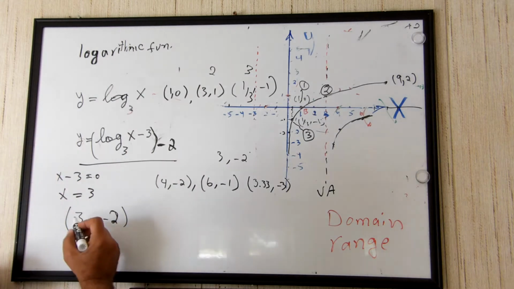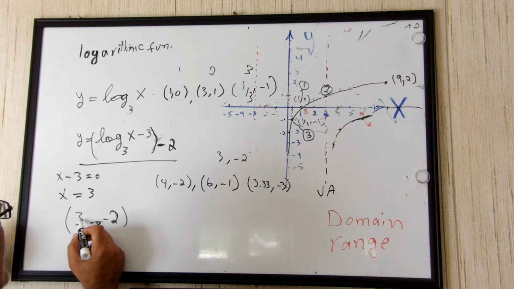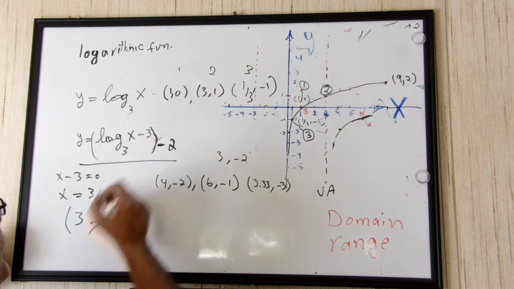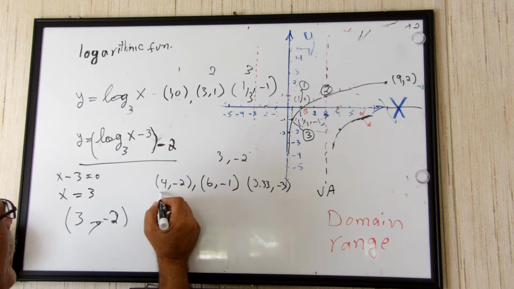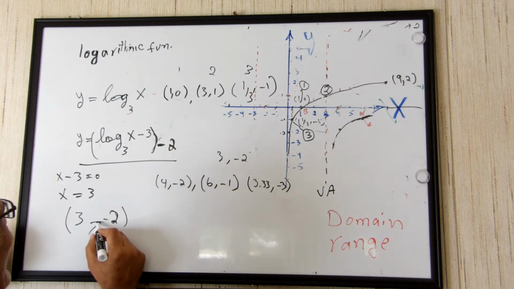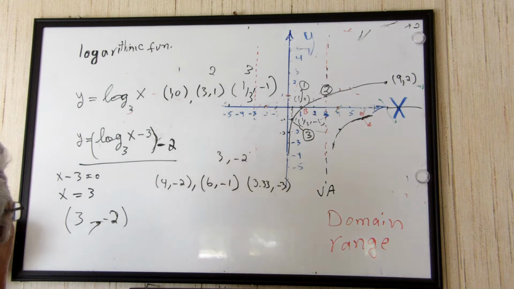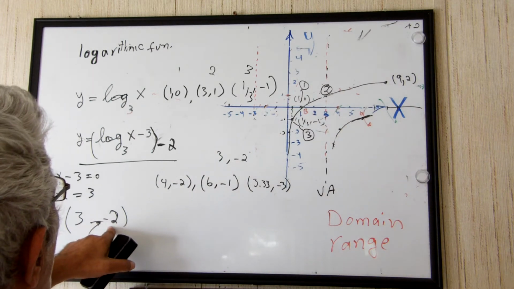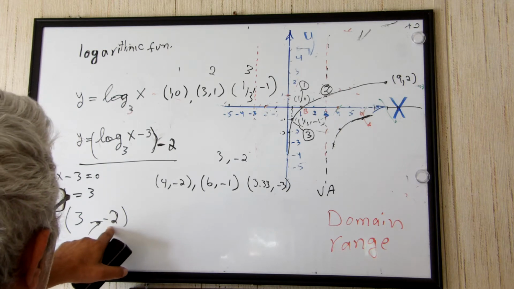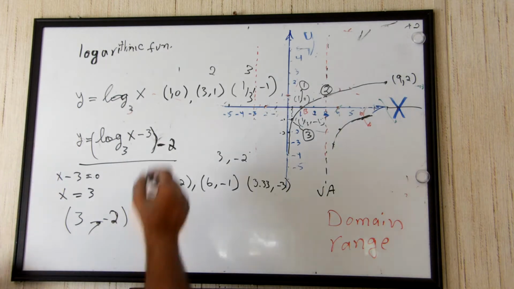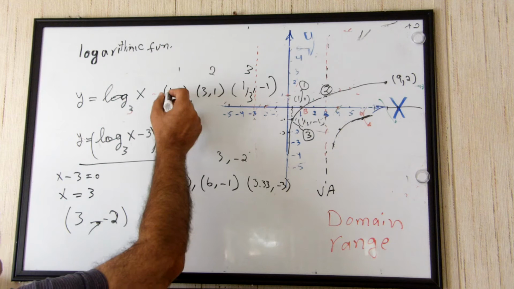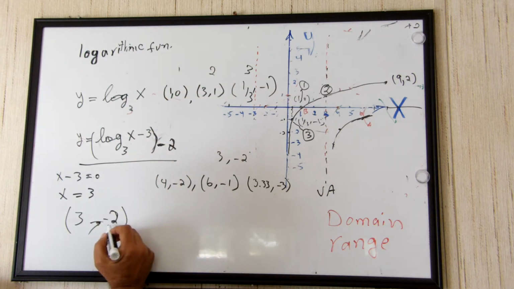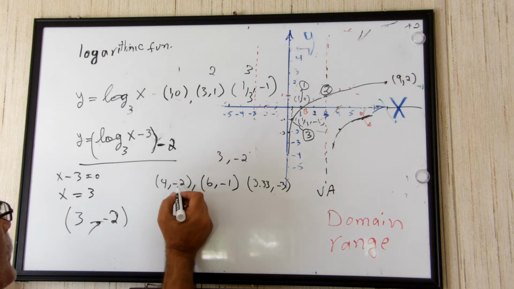We say that if you add 3 to the x of 1 here, 1 plus 3 is going to be 4, and then in y you add minus 2. You subtract actually 2. See, this is going to be 4, and 0 plus minus 2 is going to be minus 2.